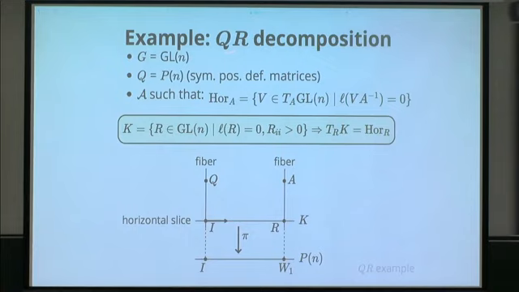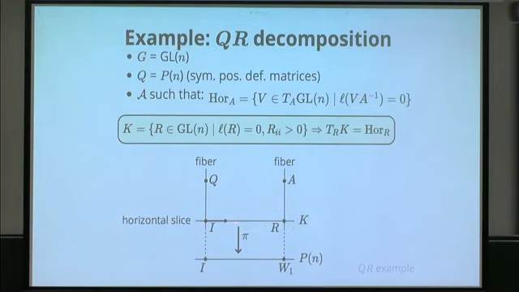And then how do you get the QR factorization? Well, you start with some matrix A, like this. And then you start your flow at the identity. You project your A to get a symmetric matrix here. And then you follow the corresponding gradient flow in the framework I just told you that will evolve along this cone here.